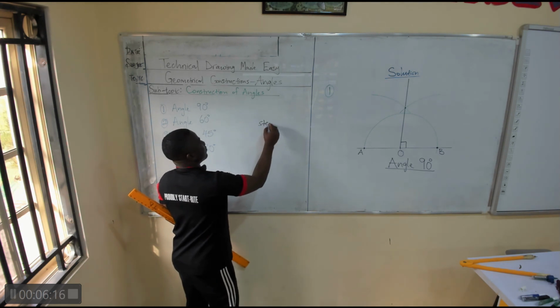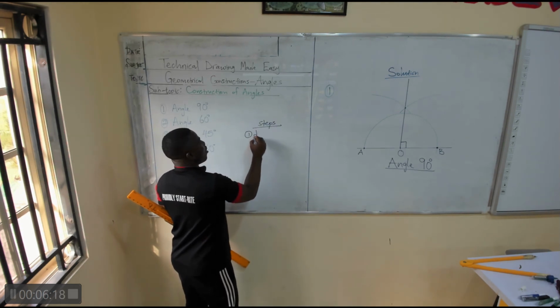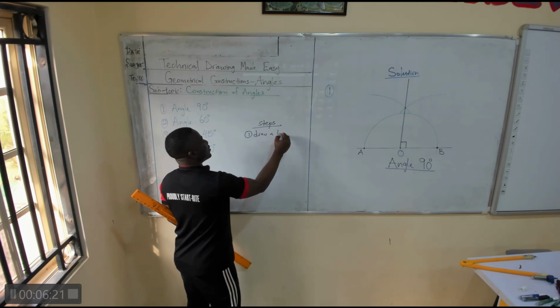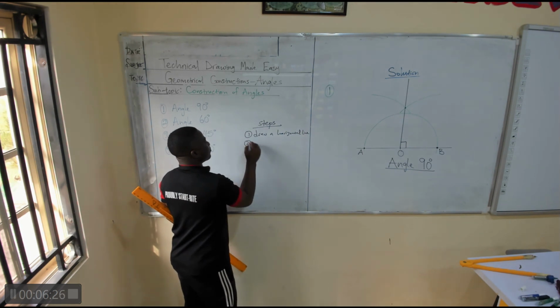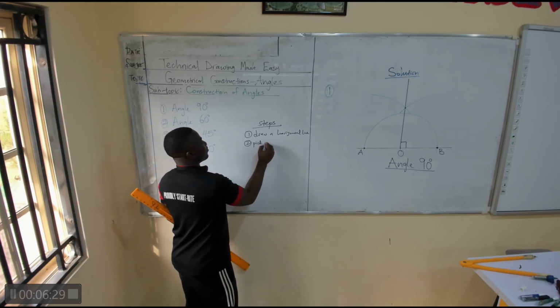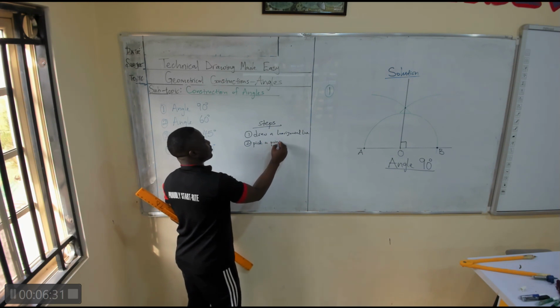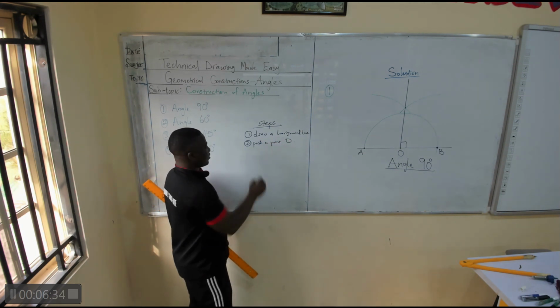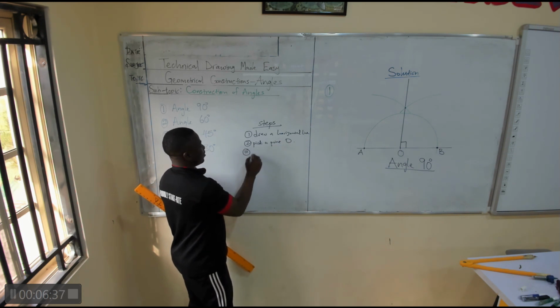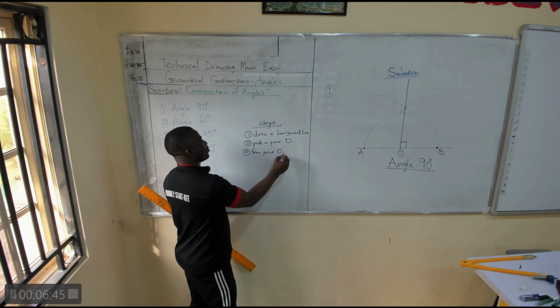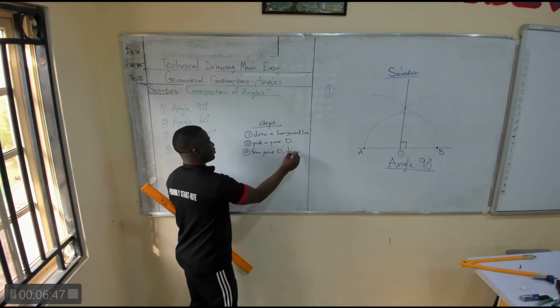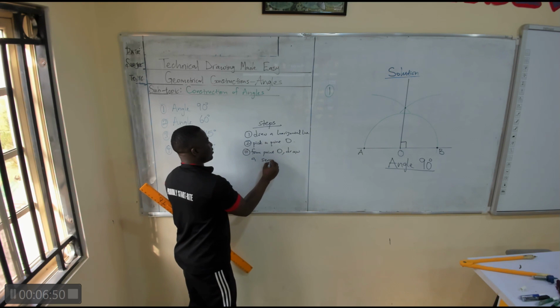First, we draw a horizontal line. 2, we pick a point O. Can you see that? 3, from point O, we draw a semicircle.